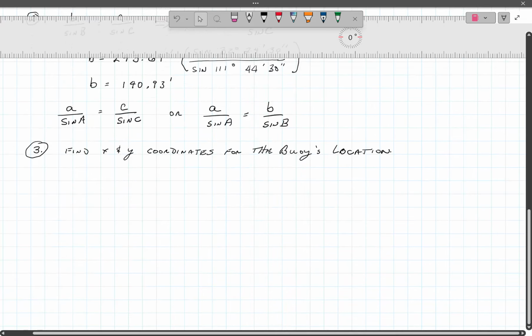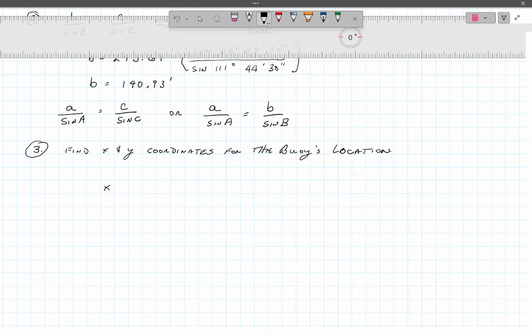So here's the math, and I'll take you back up again in a minute, but we're going to do X is equal to B cosine of A, because that's the known angle we have. All right, and if you're not sure what we're doing, go back and take a look at this, but cosine of A is equal to adjacent over hypotenuse.